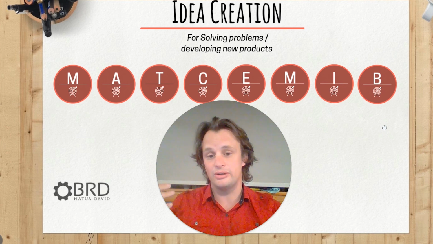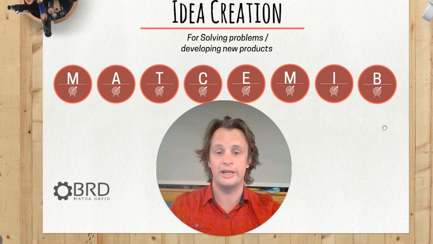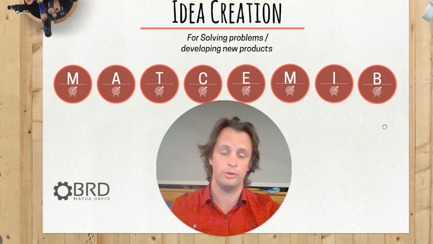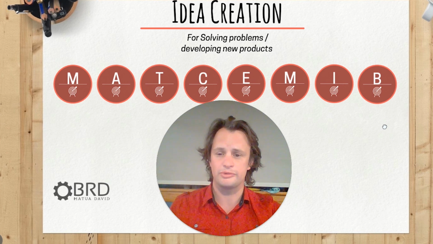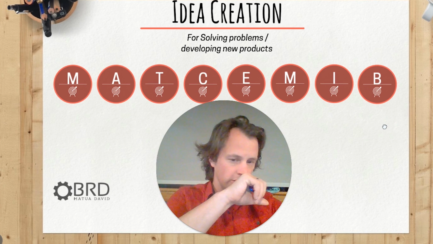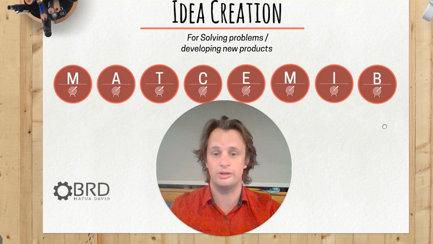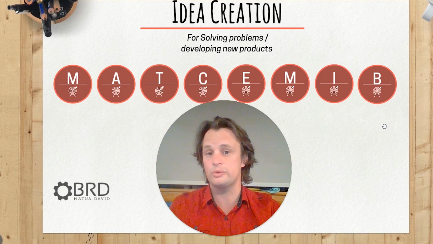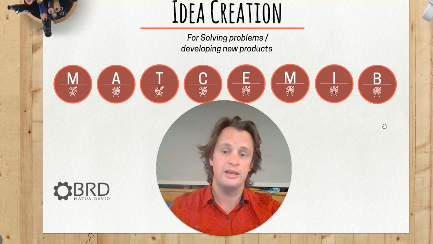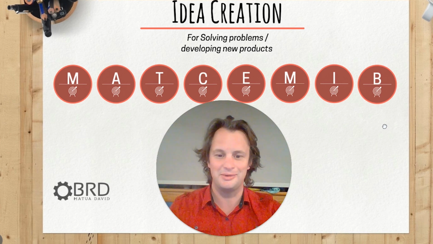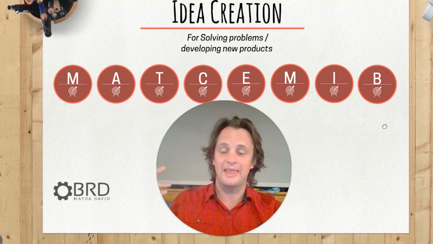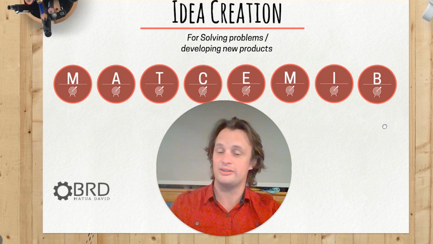And because of that, it's a really good way of looking at problems if we're wanting to create new solutions for them. So what I'm going to do is just go through and name each one of these letters, and then I'll explain those in a little more detail. M is for mechanical solutions to problems. And then from there, it all starts getting a little bit fuzzy. A is acoustic, T is thermal.